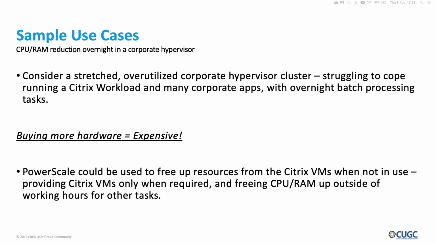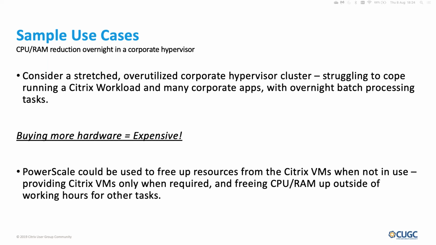If we consider, let's say, another business where overnight it's mostly batch processing, there aren't many people logged into Citrix, well, why not use PowerScale to free those resources up? So let's say we have 100 Citrix workers, but overnight we can get by with 10. It makes no sense to have the other 90 booted. Why not get those shut down, free up that CPU and RAM for those other tasks to take place?